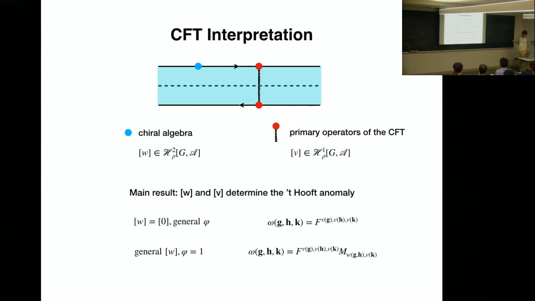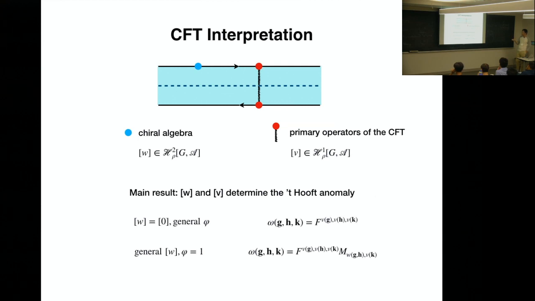So again, I skip all derivations. This is not completely general, but in the case of trivial fractionalization class, or in the CFT language, when the symmetry actually commutes with the whole chiral algebra, there's just a simple formula for the 3-cocycle in terms of the F symbol of these anyons.